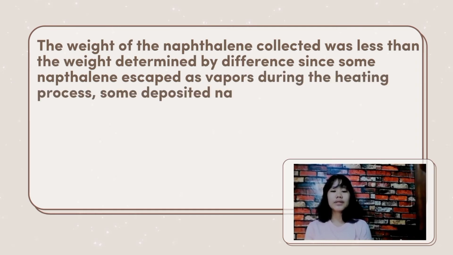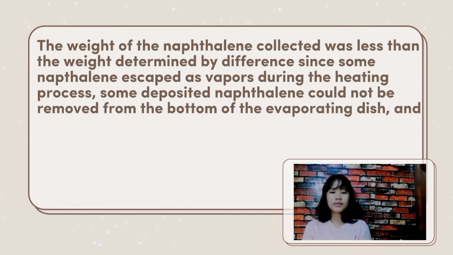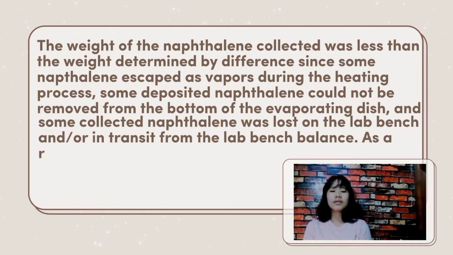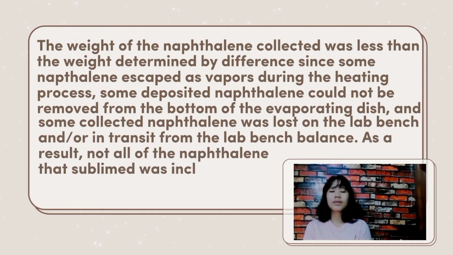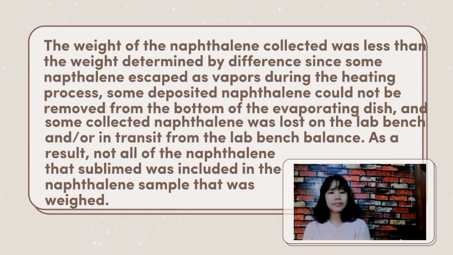Some naphthalene escaped as vapor during the heating process, some deposited naphthalene could not be removed from the bottom of the evaporating dish, and some collected naphthalene was lost on the lab bench or in transit to the balance. As a result, not all of the naphthalene that sublimed was included in the sample that was weighed.